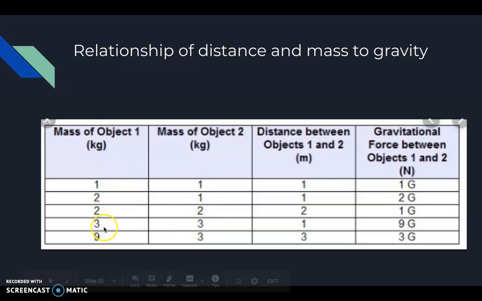So why does it have more gravitational force than this combination? If we take a look at distance, there's less distance between these two than there is between these two objects. That combination of more mass and less distance results in the strongest force of gravity.